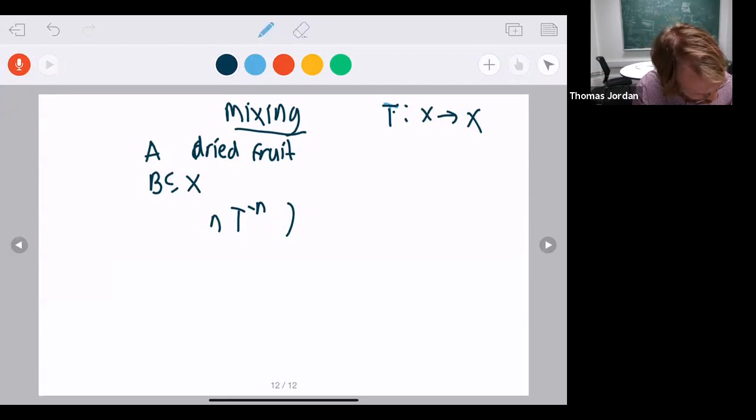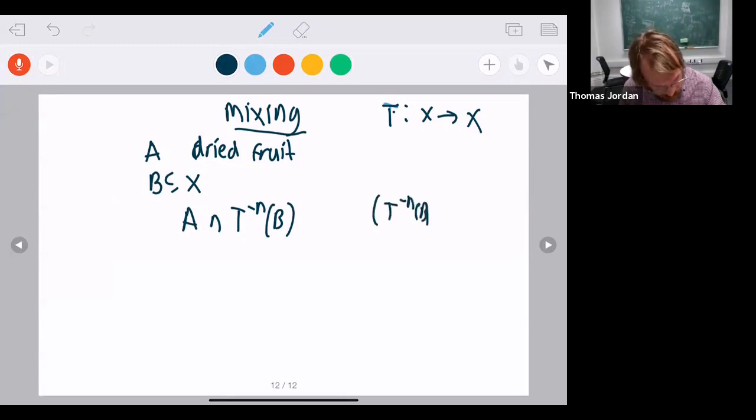So we want points which start off as dried fruit, but if we iterate them n times, end up in the set B. And by that, we have T to the minus n of B. T to the minus n of B is just points x where T^n of x is in B.